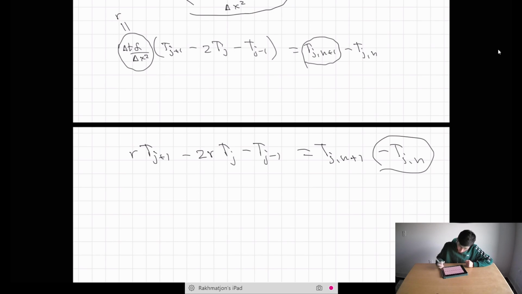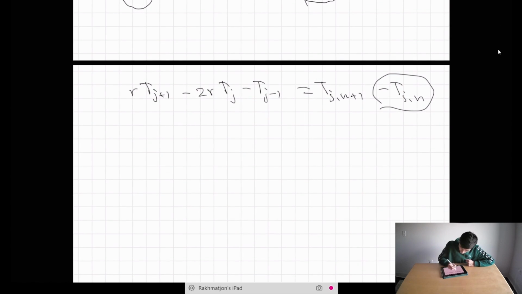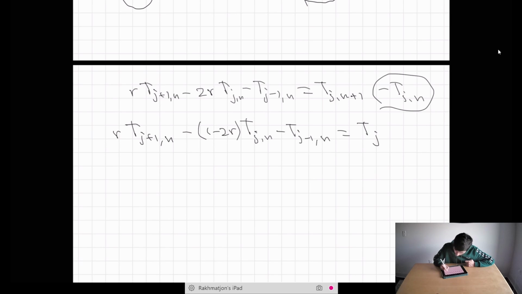So I can move this to the other side of the equation, and I also have another T(j) here, right, if I connect them at time n. So then I'm going to have r T(j+1) at time n, plus 1 minus 2r times the temperature at point j at time n, plus r times the temperature at j minus 1 at time n.